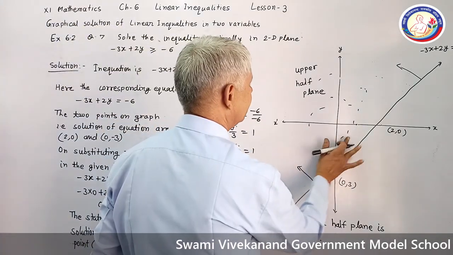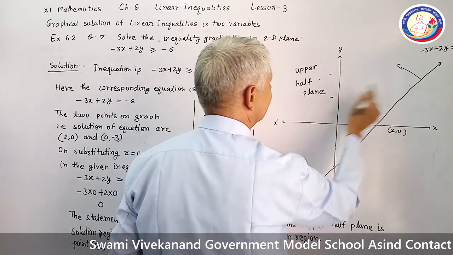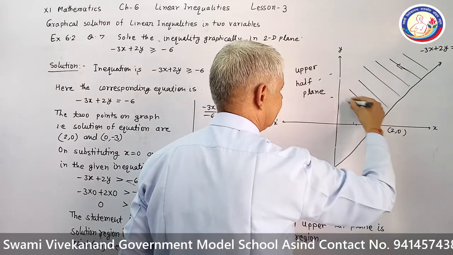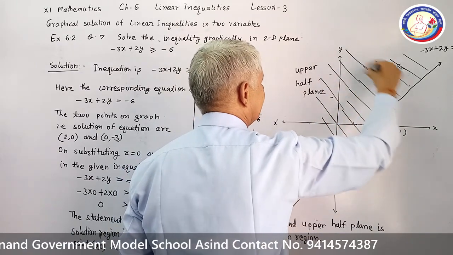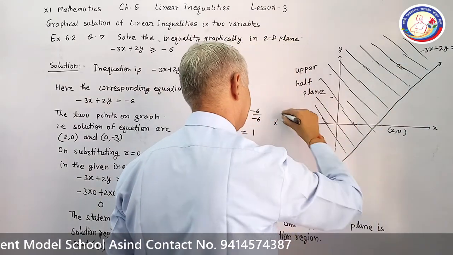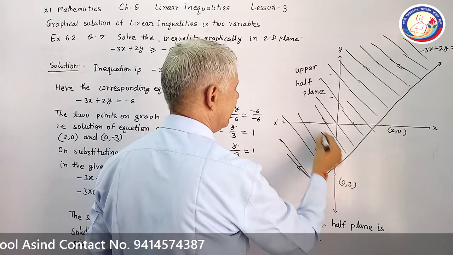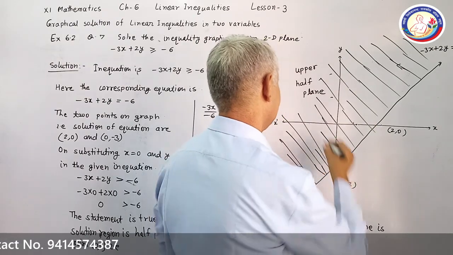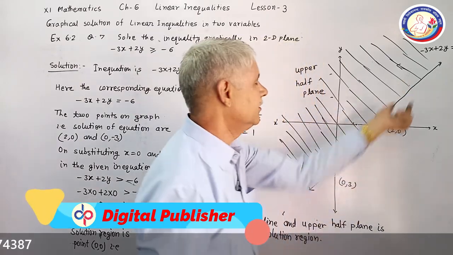We can shade it or we can draw lines here to represent this solution. This whole region is the solution. You can shade it. This plane is the solution. So the shaded area plus this lined area with this line is the solution region.